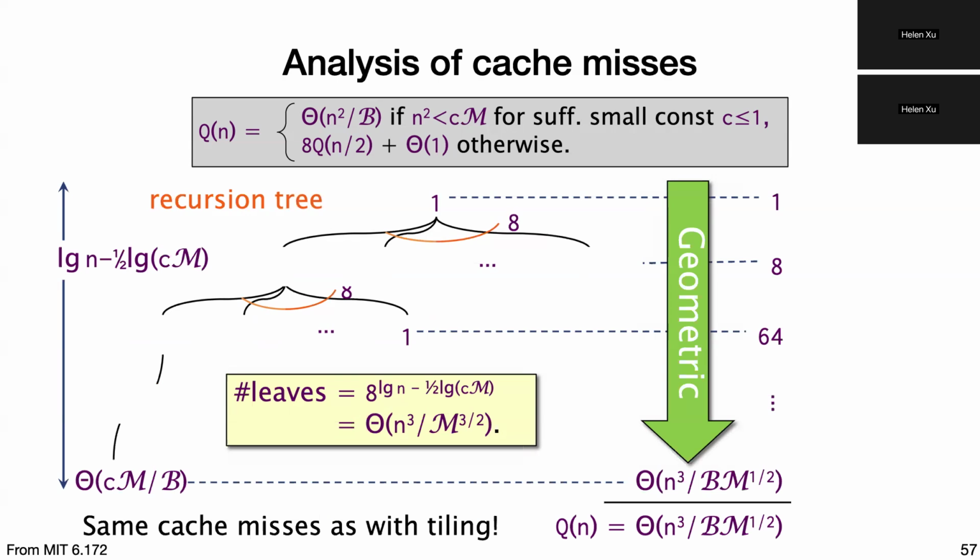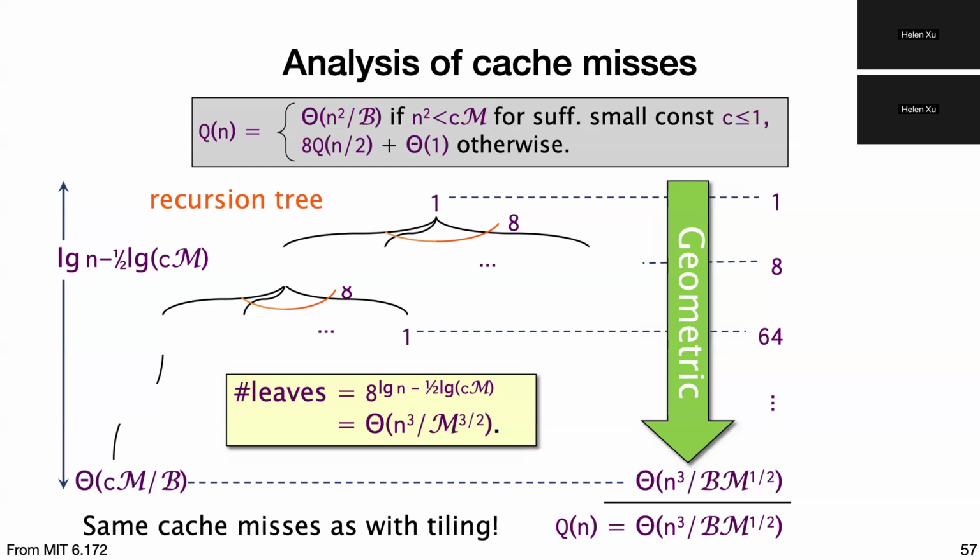But from an analysis perspective, this analysis tree is shorter because the base case we're considering is when this n squared is something like theta m. And that is higher than the actual recursion base case, which is n equal to 1. And so the number of leaves is less.